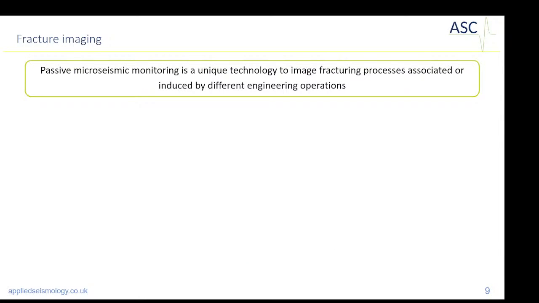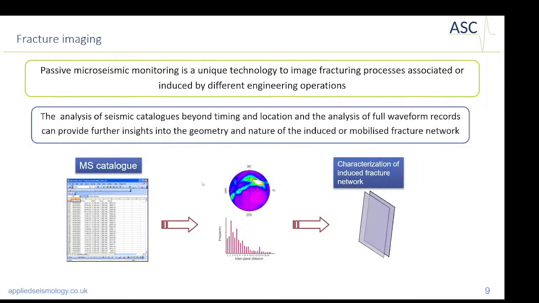So what is the objective of this study? It's basically validating the application of microseismic monitoring for real-time feedback, and how it can inform us about the fracture network that's being induced. And we do this through the analysis of the microseismic catalog.